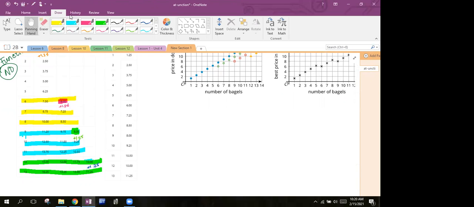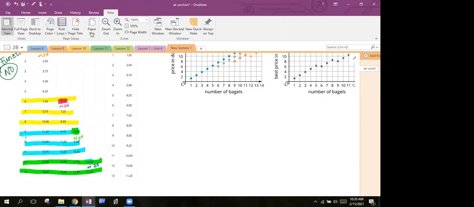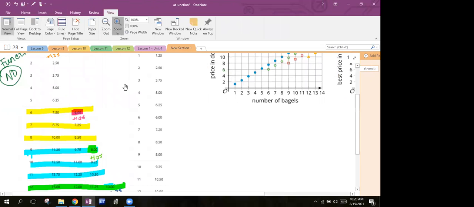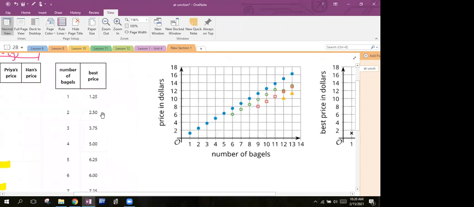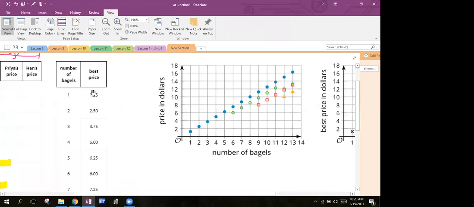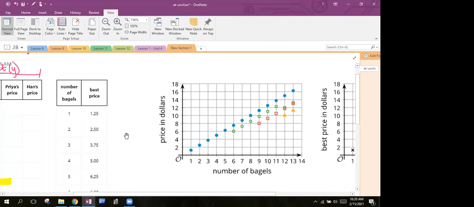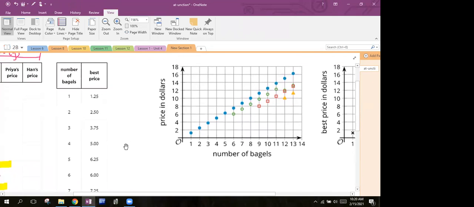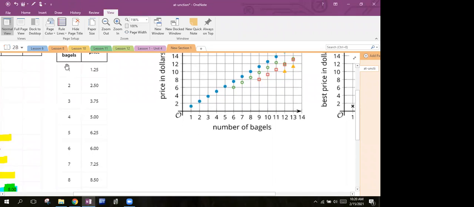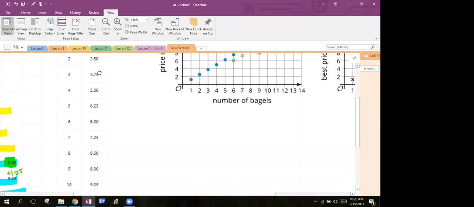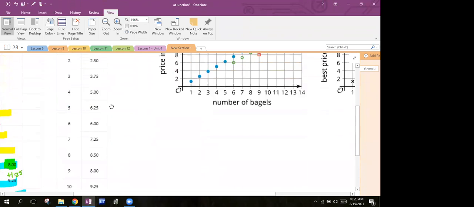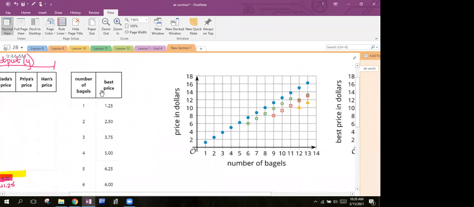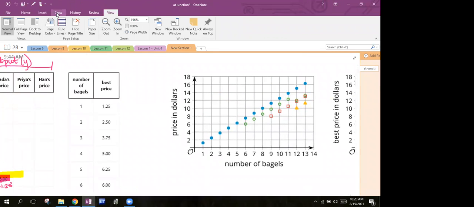All right, so now I want you to look at this table here. What's the difference in this new table that we have right here? Each number of bagels only has one possible price that it could be. What's the difference in how they labeled the table?